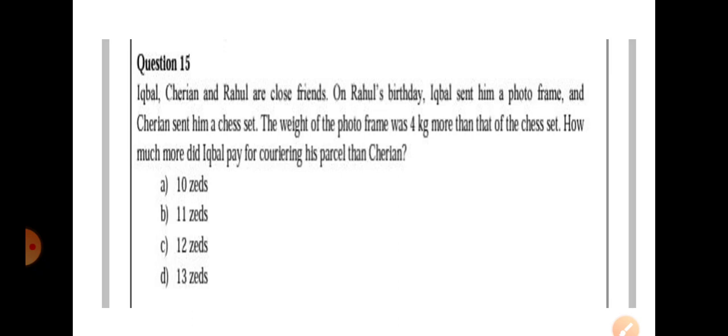That one friend sent a photo frame and the other friend sent a chess set. Whatever the weight of the chess set, the weight of the photo frame was 4 kg more. So you have to find how much more Iqbal paid for couriering his parcel than Chareen.